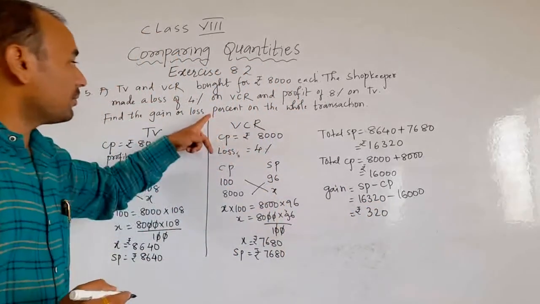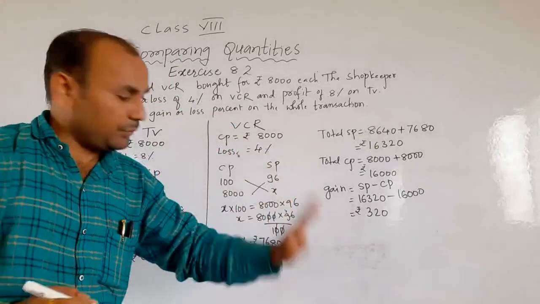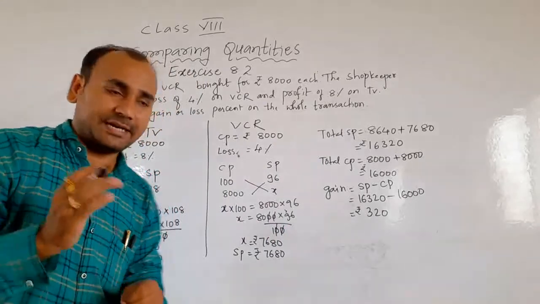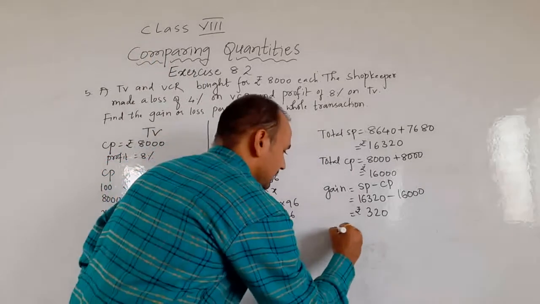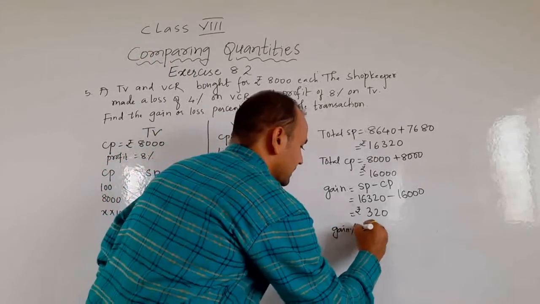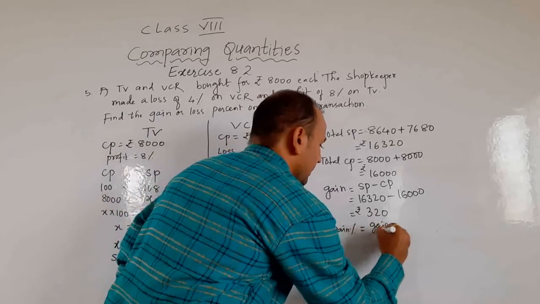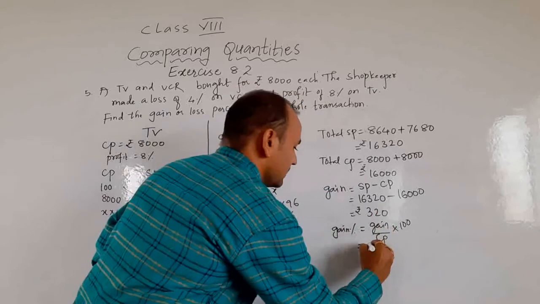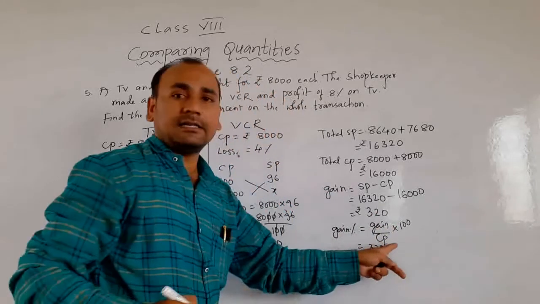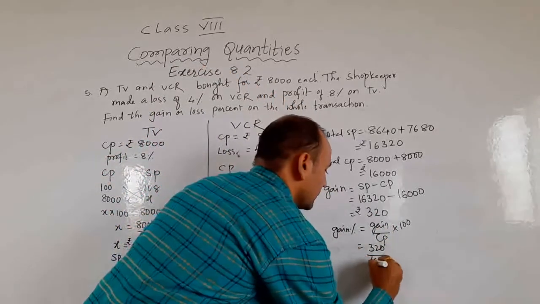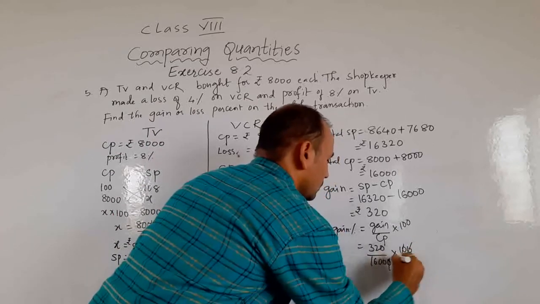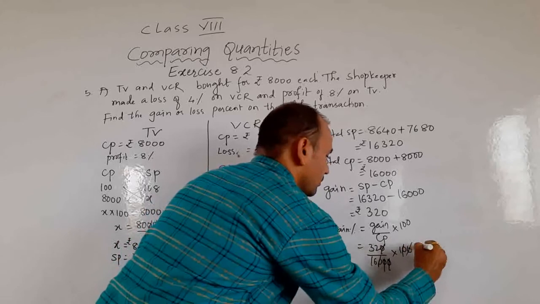But we want profit or loss percent. We know that we got gain, that is gain percent. We have to identify it now. So gain percent is equal to gain divided by CP into 100. This gain is 320 and CP is 16,000 into 100. 10 10, 20 20, 30 30 cancel.